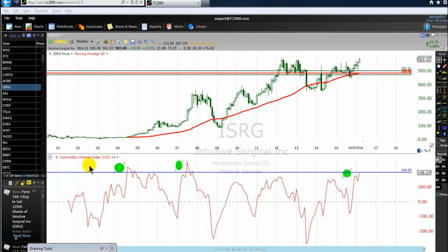Here we can see that the CCI period 14, when above the level of positive 200, that's the blue horizontal line on my chart, is a CCI extreme trading setup that will generate a CCI extreme trading signal.